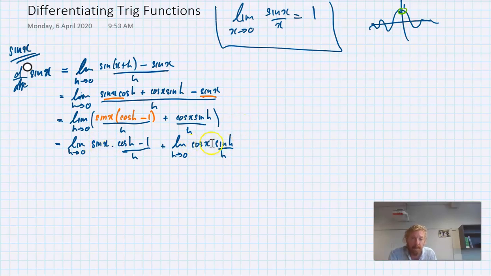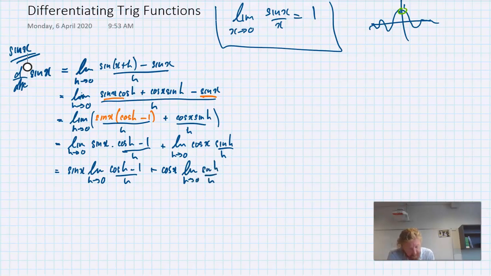It also doesn't affect cos x. So I'm going to take those through the limit. Sine x, limit h approaches 0 of cos h minus 1 on h, plus cos x times the limit h approaches 0 of sine h on h.